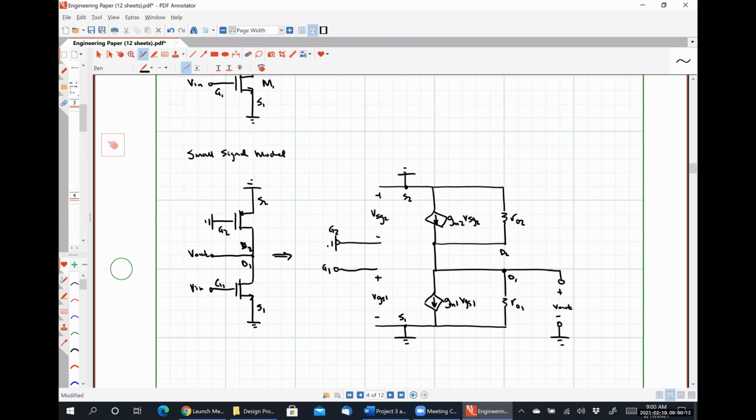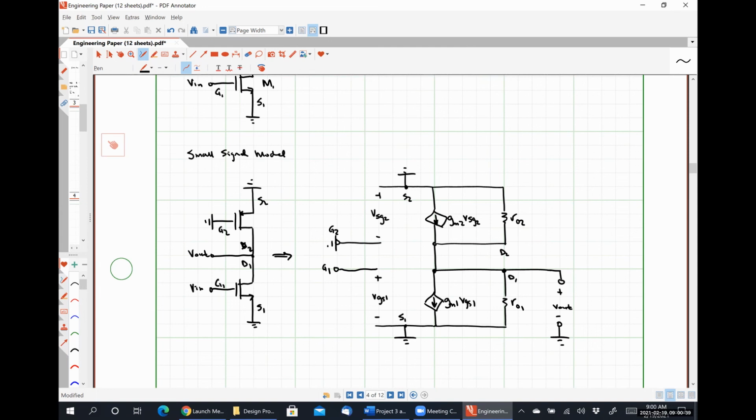All right. I'm sure that this looks very complicated to you because it looks very complicated to me. That being said, it's actually not that difficult to analyze if we make a couple of observations. The first thing that I would like to think about is we can actually easily determine what that small signal voltage VSG2 is.